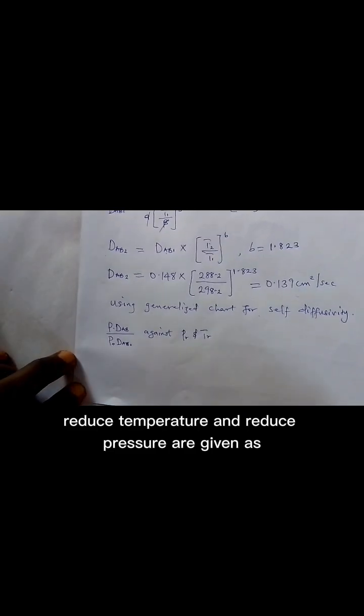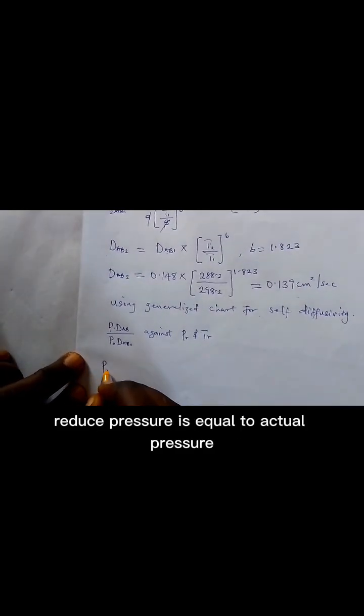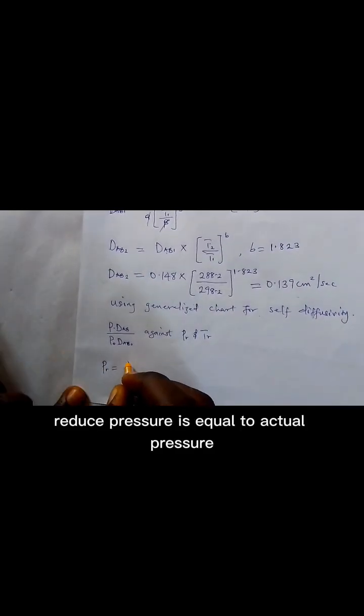This reduced pressure and reduced temperature are given as: reduced pressure is equal to actual pressure over critical pressure, and reduced temperature is given as actual temperature over critical temperature.